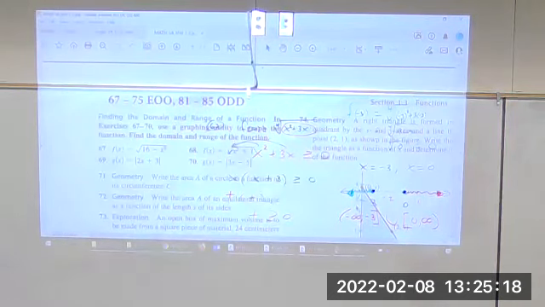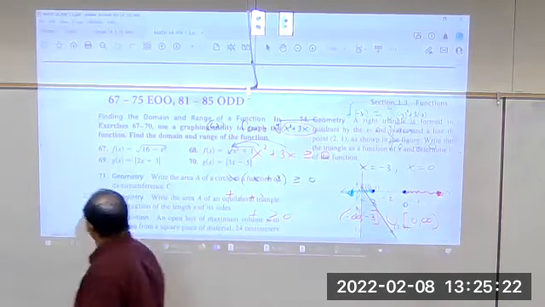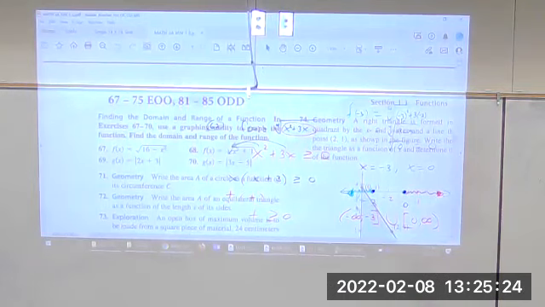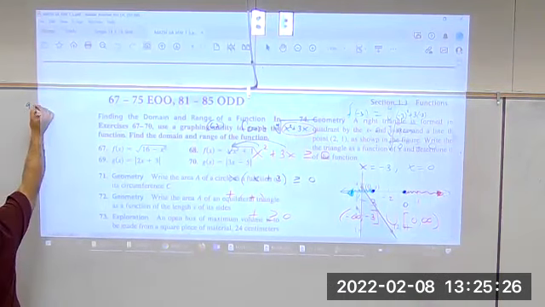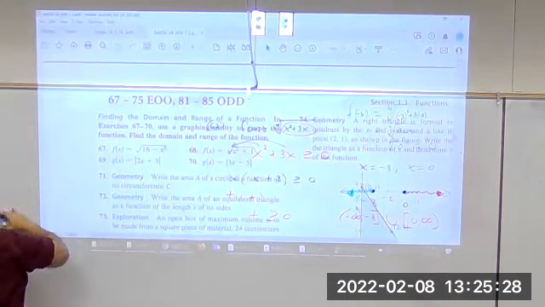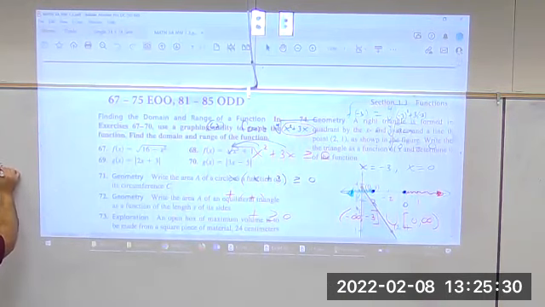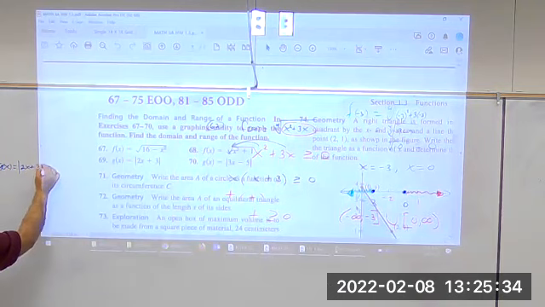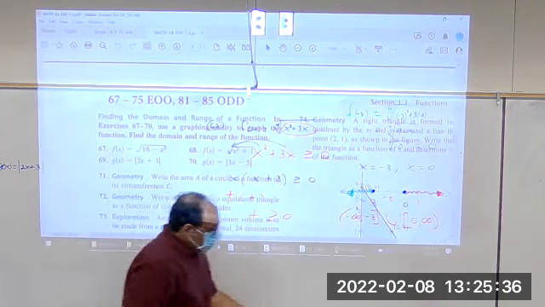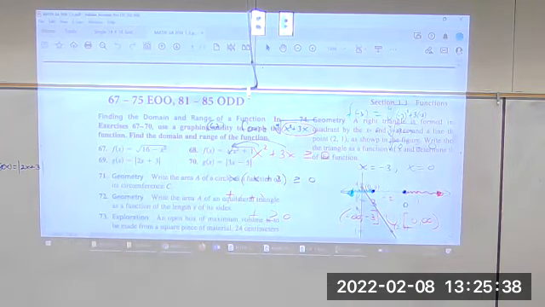So g of x is 2x plus 3. We talked a little bit about what an absolute value shape would be, especially absolute value of linear.